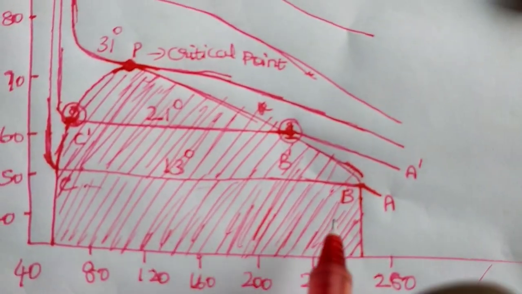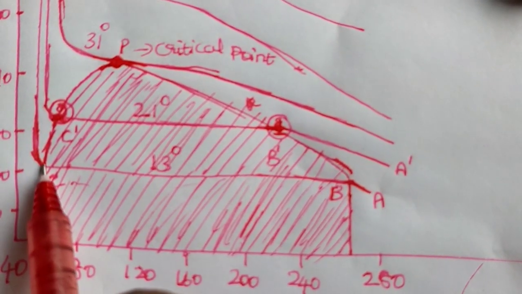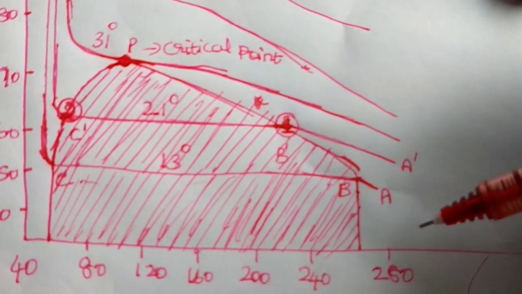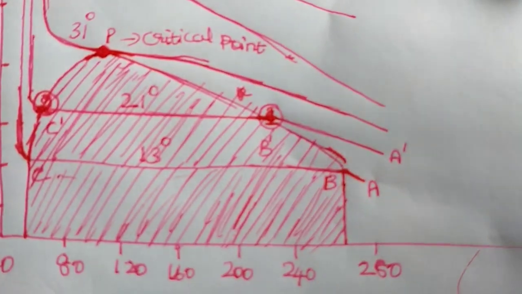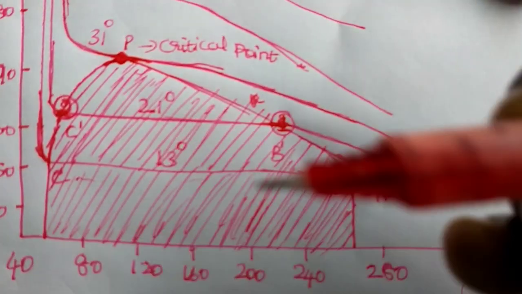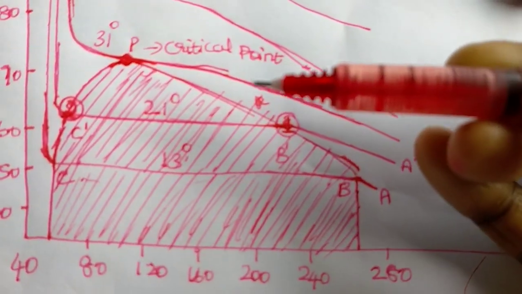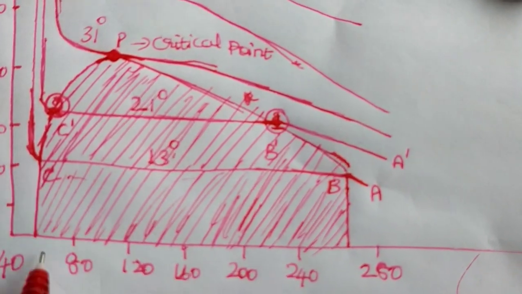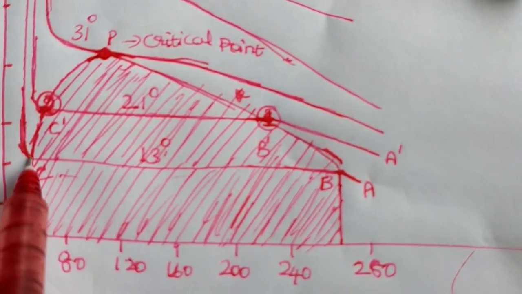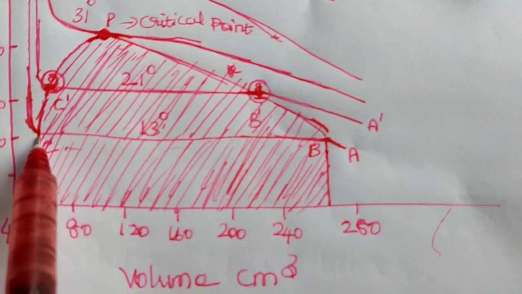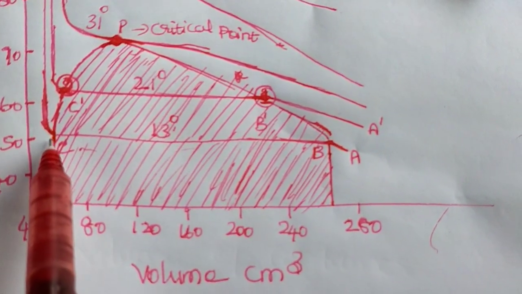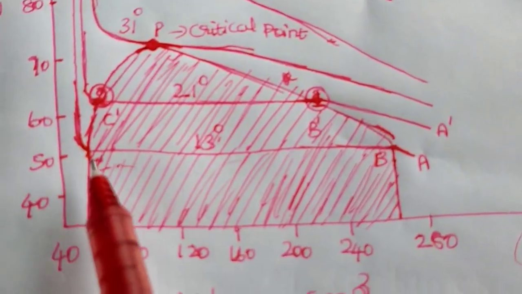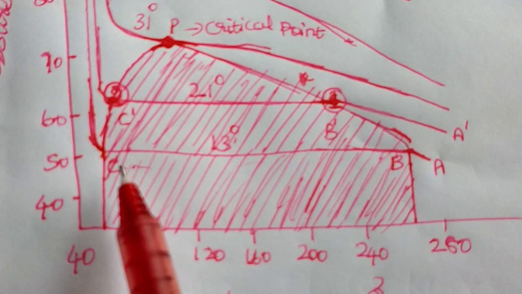That is why the gas particles are liquefied at point C. Why is it liquefied? Because of applying the pressure, the volume is reduced. Because of applying pressure and slightly increasing the temperature, the volume is reduced at point C. In the smaller volume, this carbon dioxide becomes liquid. It is completely converted into liquid at point C.